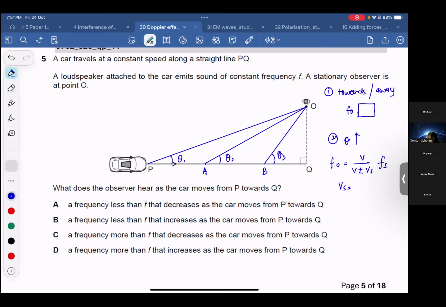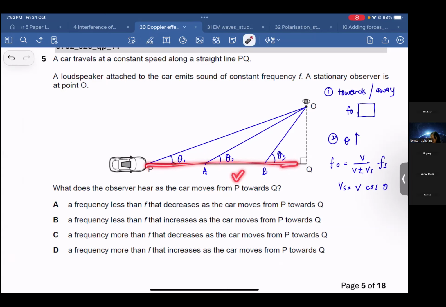Vs is actually V cos delta. The speed towards the observer at here is actually V cos delta.